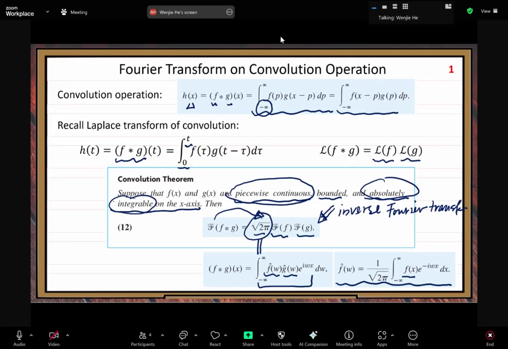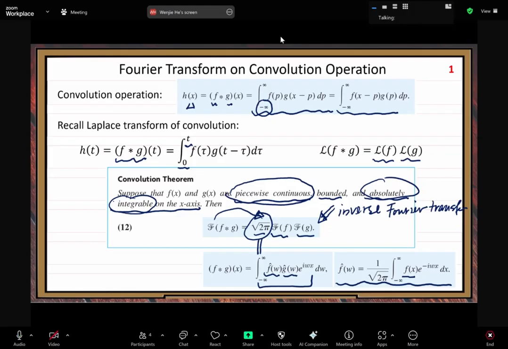Then another question: why do we do the Fourier transform? We go back to the previous lecture. Why do we apply the Fourier transform on a given function?